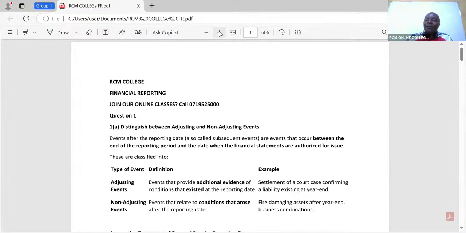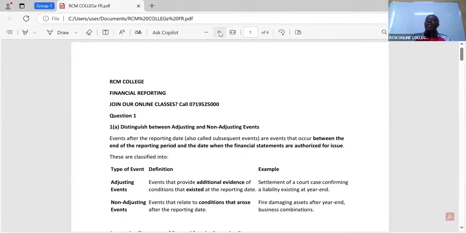Now, ladies and gentlemen, in my auditing world, currently we are doing auditing for KMPDU, Kenya Medical Practitioners and Dentists Union, right?